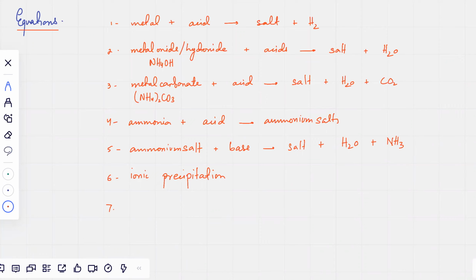Then you have carbonates decomposing. So a metal carbonate would decompose and it will produce a metal oxide and a carbon dioxide molecule. Then you've got another reaction, which is metal nitrates.